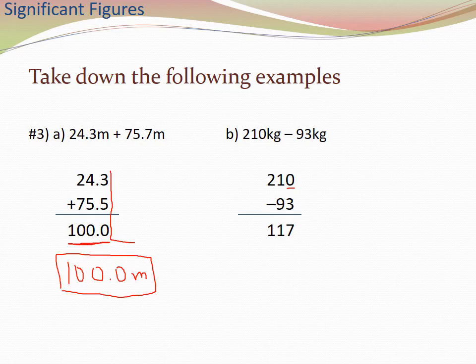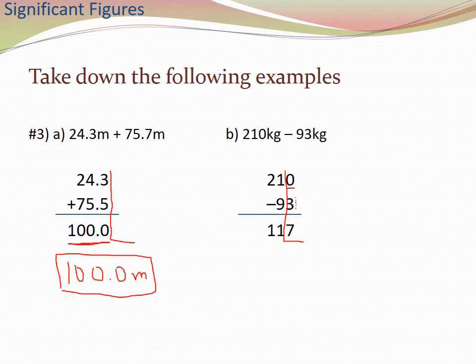In the second number, I have two significant figures as well, but that runs out after the 3. So as I go left to right, the top number runs out of significant figures first, right through here. So 210 subtract 93, that gives me two significant figures because that's what's in front of the round off line.